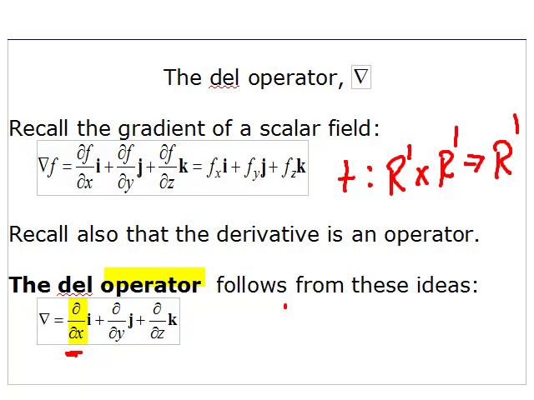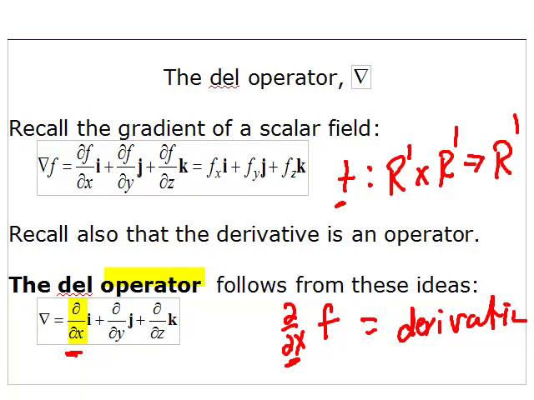D by dx operates on a function and produces the derivative. So it is considered an operator. Just like plus, minus, divide, subtraction, in a sense those are operators also. Although they're operating on numbers, this operator has to operate on functions.